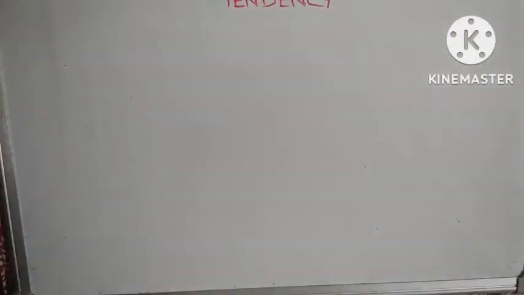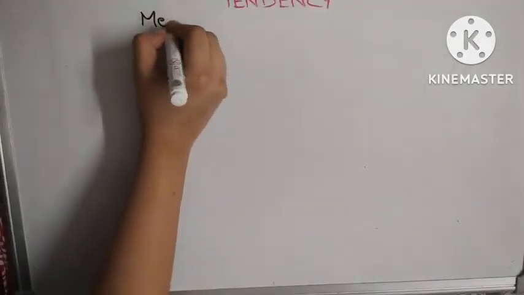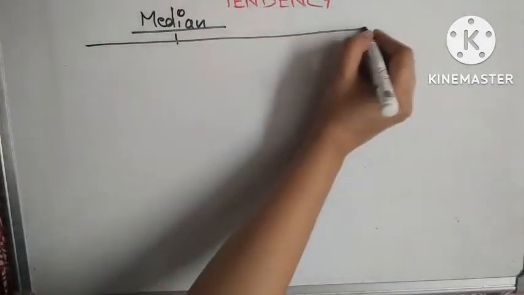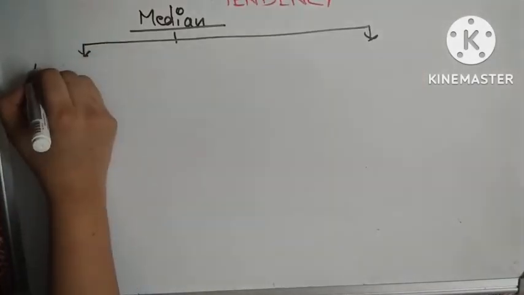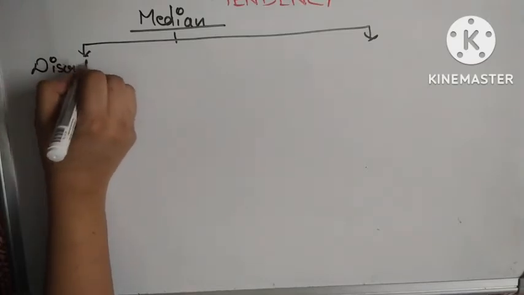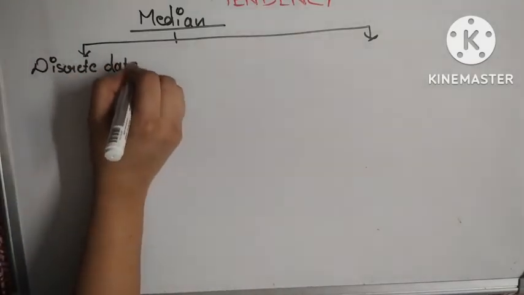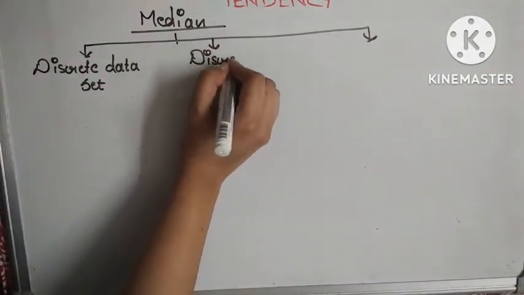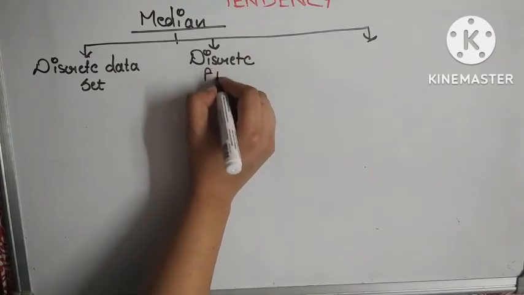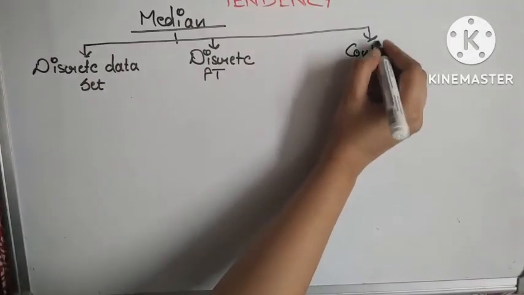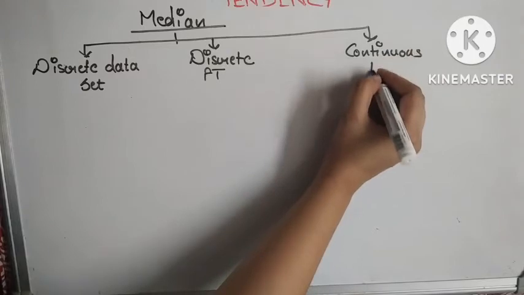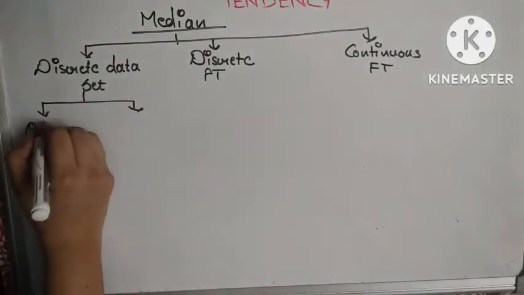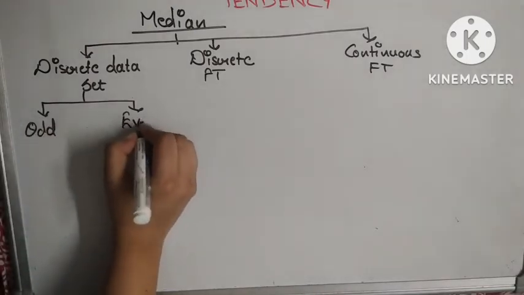In case you want to calculate the median, for the median you have two things with you: a discrete data set, or a discrete frequency table, or a continuous frequency table. In a discrete data set, you can have an odd data set or an even data set.